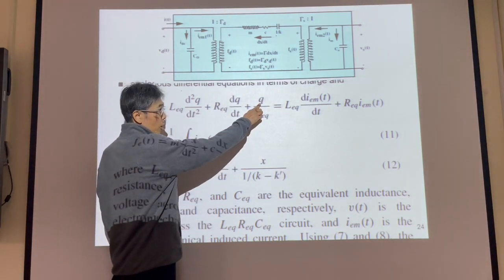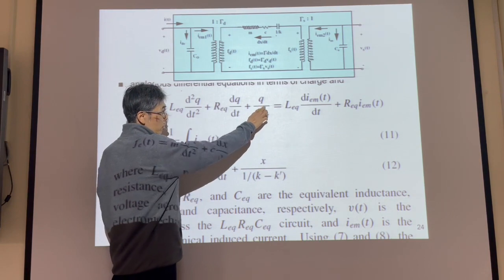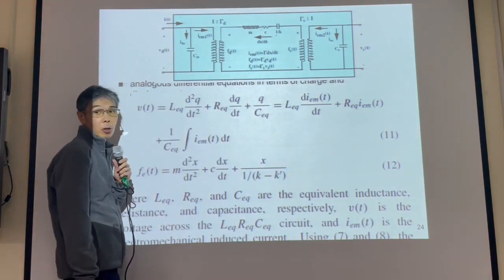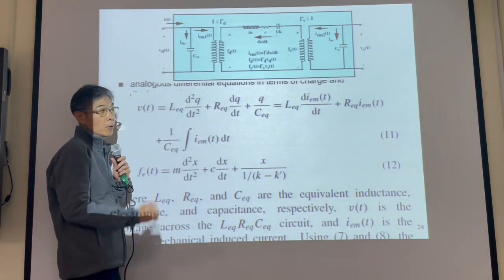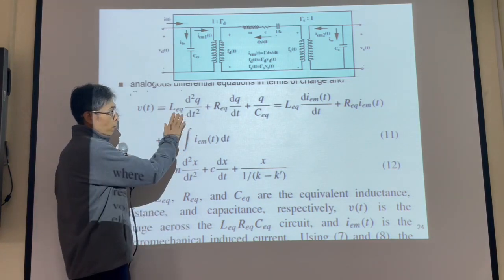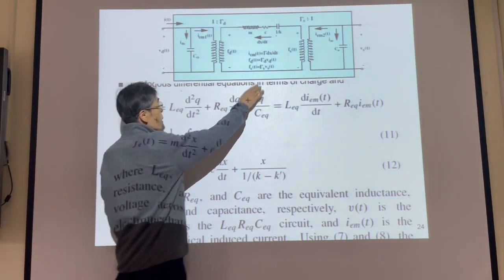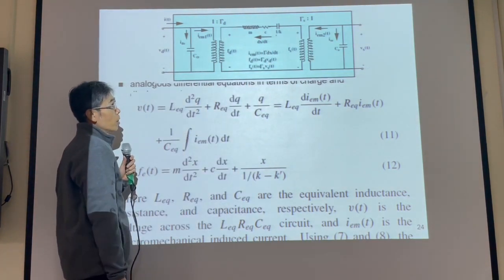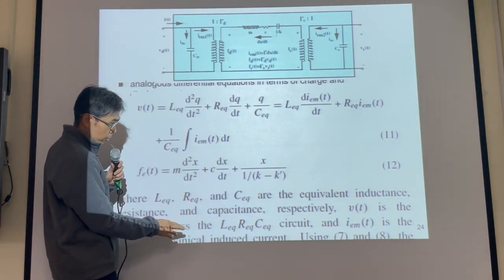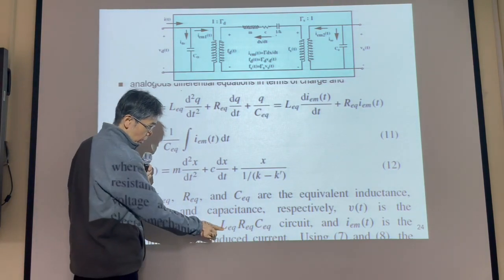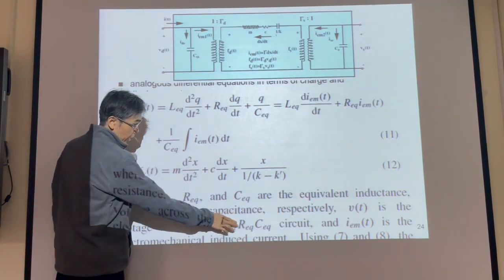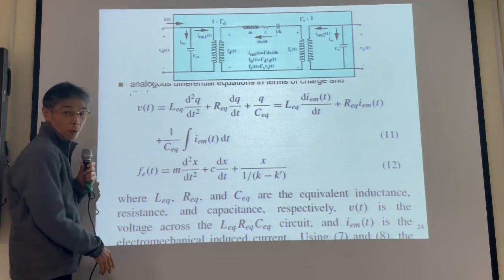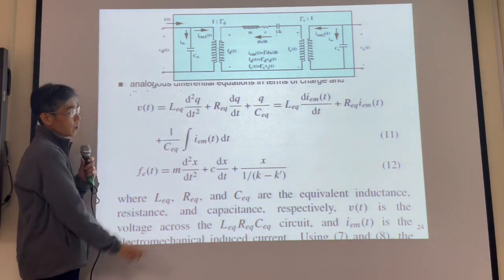Then Q is the charge; charge divided by C is the voltage drop of the capacitor. So this is the total voltage drop of this LRC circuit, the total voltage drop V(t).